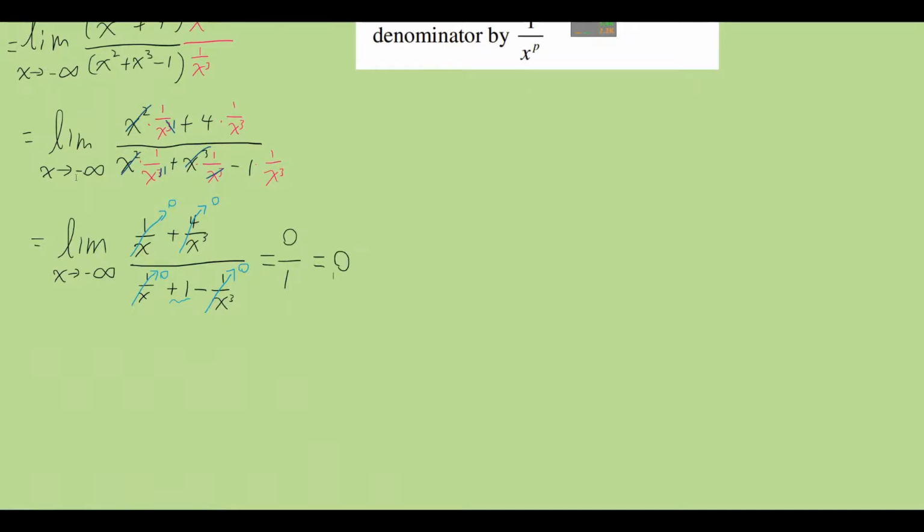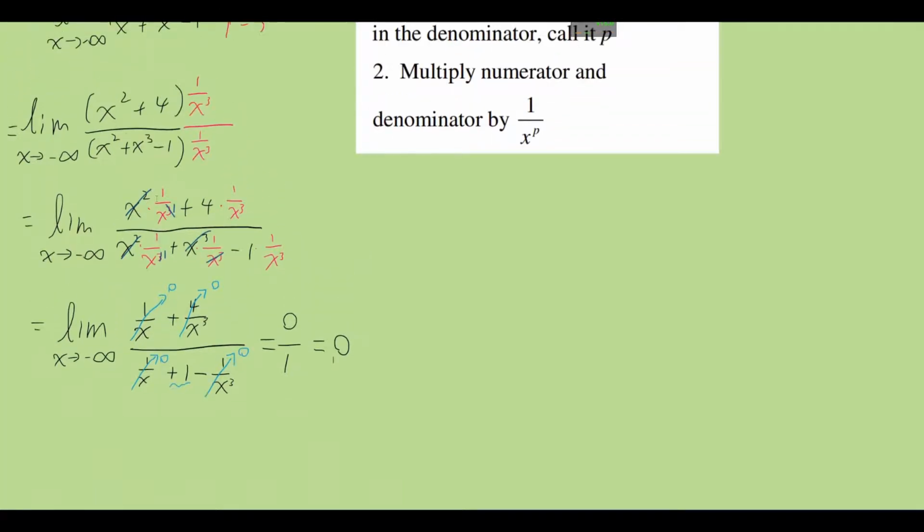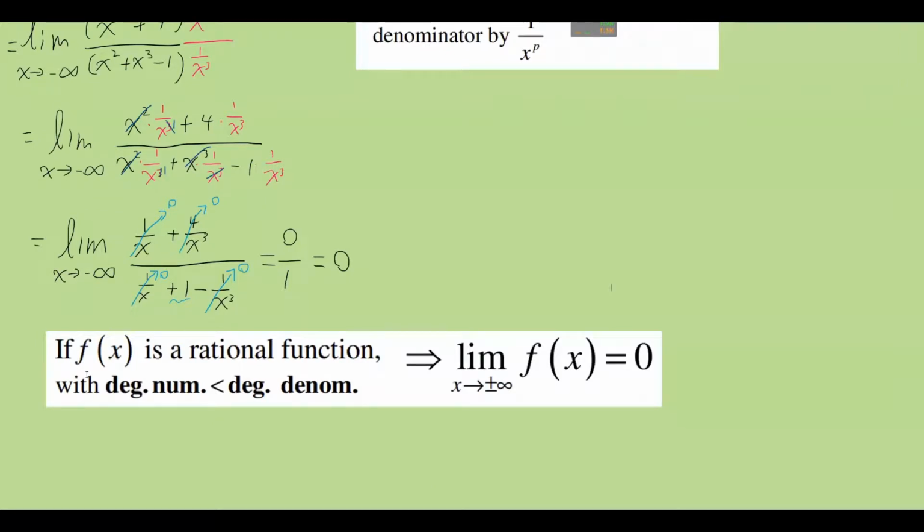Okay, so you can see that it has nothing to do with the coefficient in this case, because the denominator has a higher power. And to summarize this, this is what we can say. If f is a rational function with the degree of the numerator less than the degree of the denominator, this is a specific case. It's not like before. It's strictly less than the degree of the denominator.